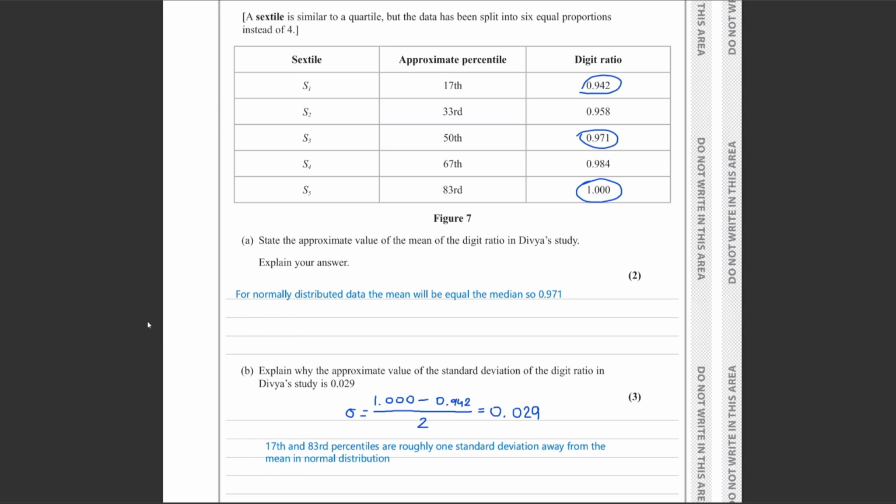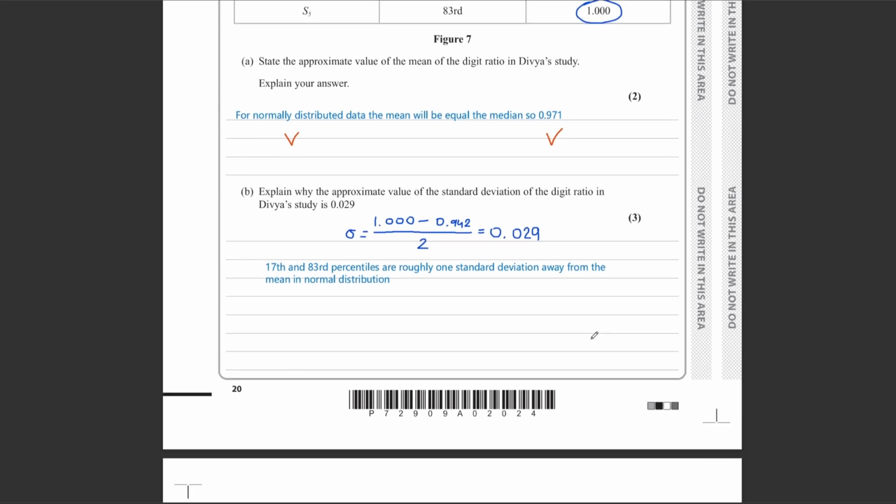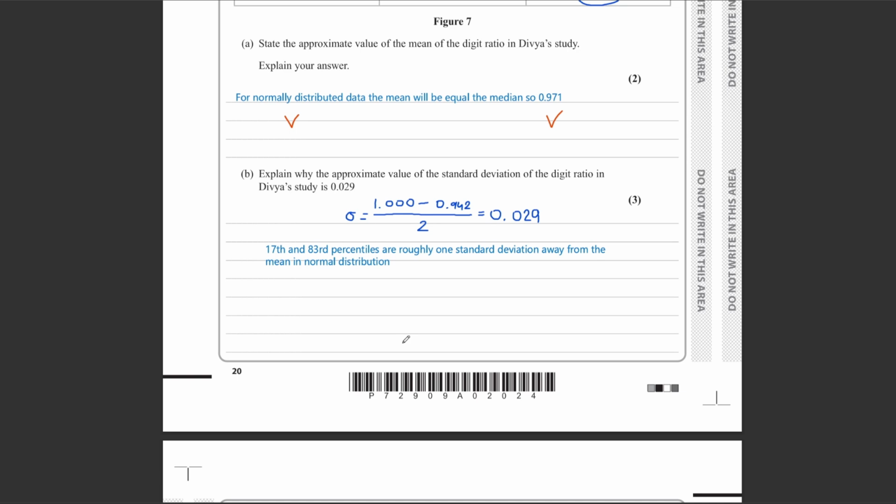In this 12 marks question, you will get a mark in question A for normal distribution and the median stated. In question B, for showing how to get to the value for the percentile comment and the distribution.